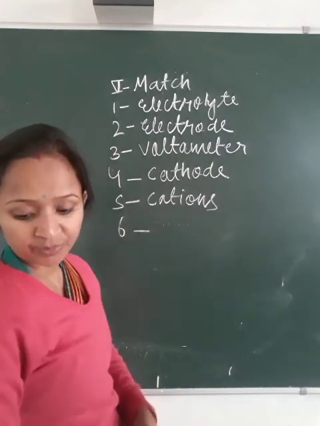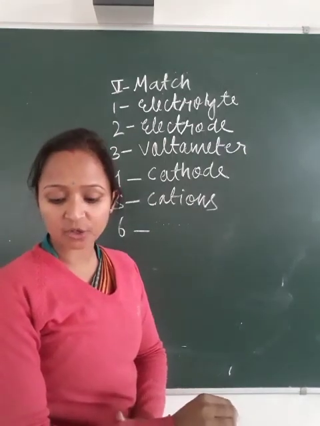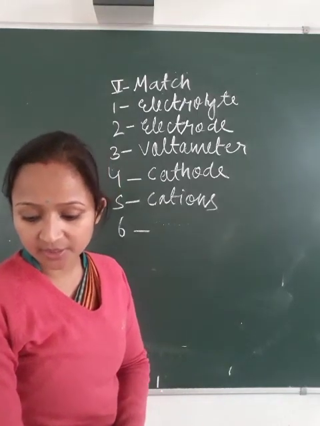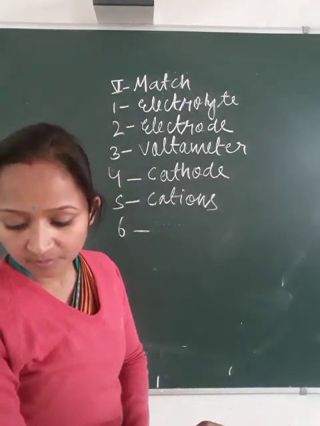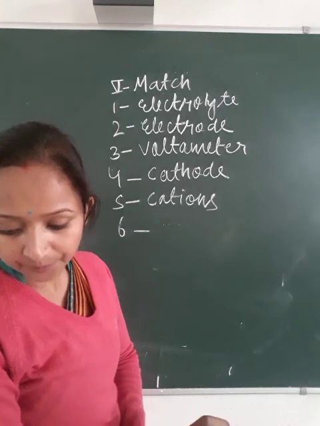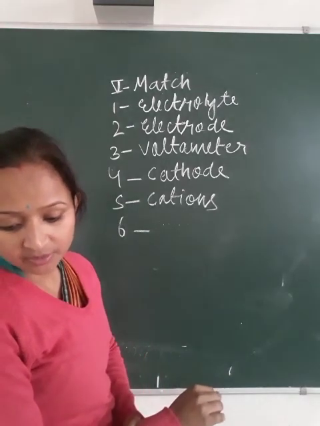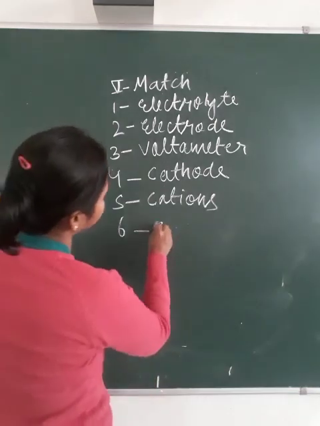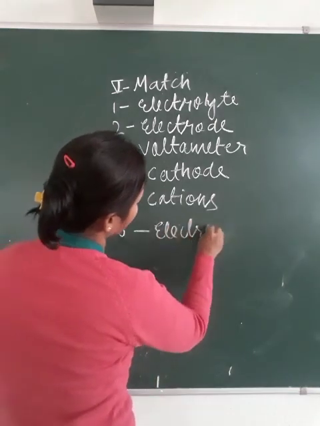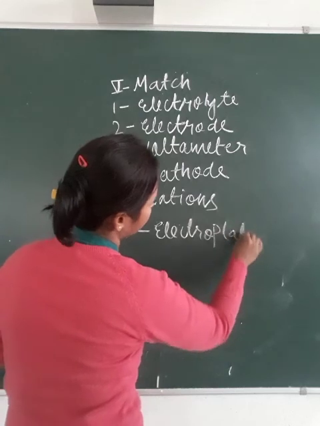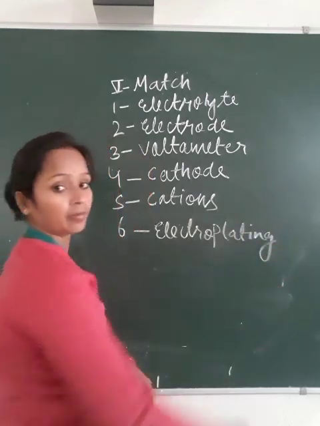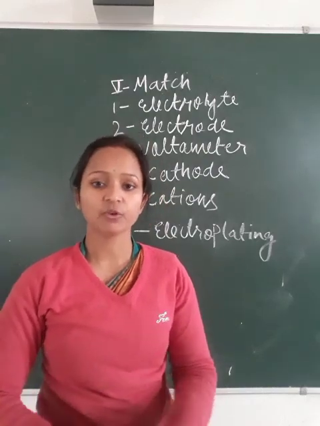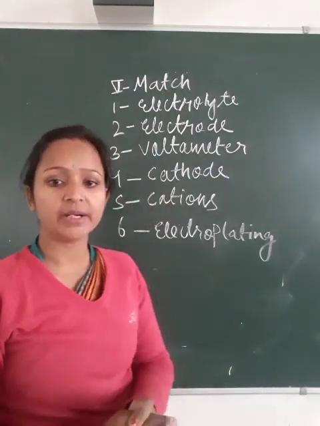And sixth, the process of depositing a thin layer of a metal with the help of electricity: that is electroplating. This is chapter 14. Till here you have to write in your copy.